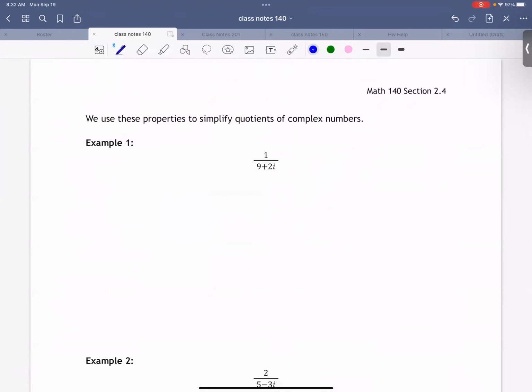Here we have a complex number, but it's 1 over a complex number. When we see these in examples, normally people don't like complex numbers in the denominator. That's kind of a no-go. So when we simplify things, we don't want i in the denominator.